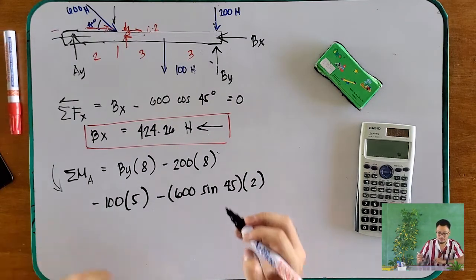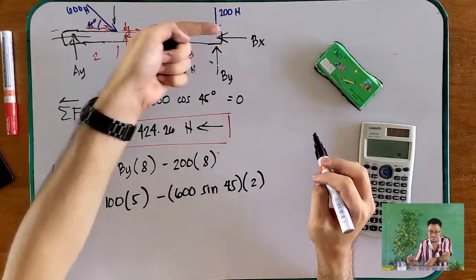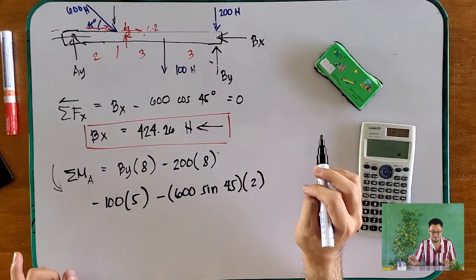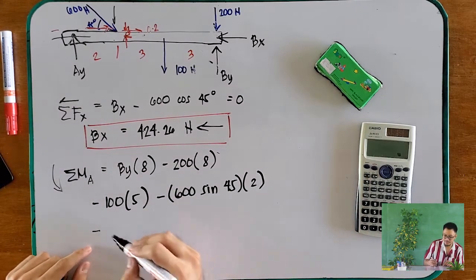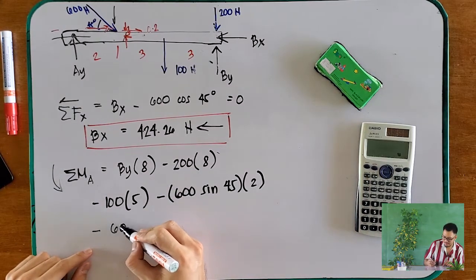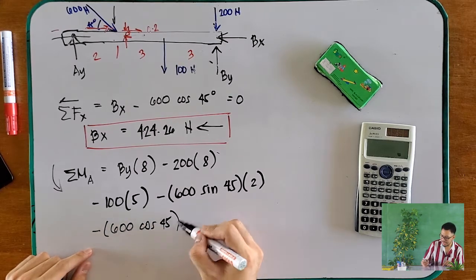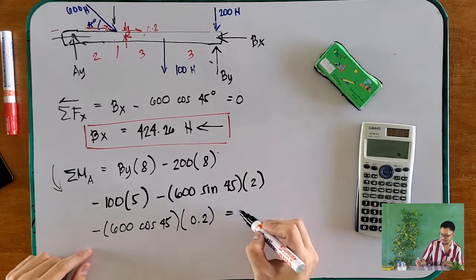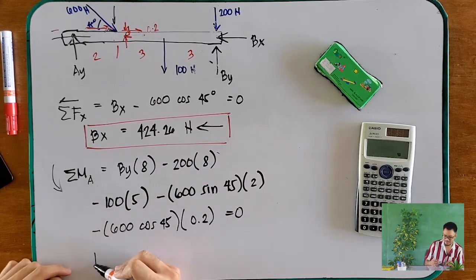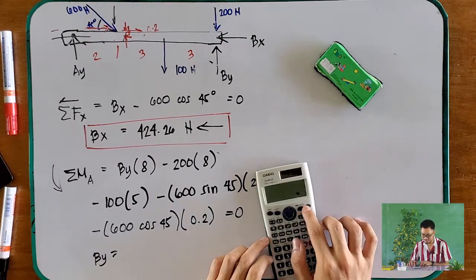So, with that direction of our 600 force, is it positive or negative? That is still negative. So minus 600 cosine of 45 times 0.2, and equals 0. So let us check our B_Y.